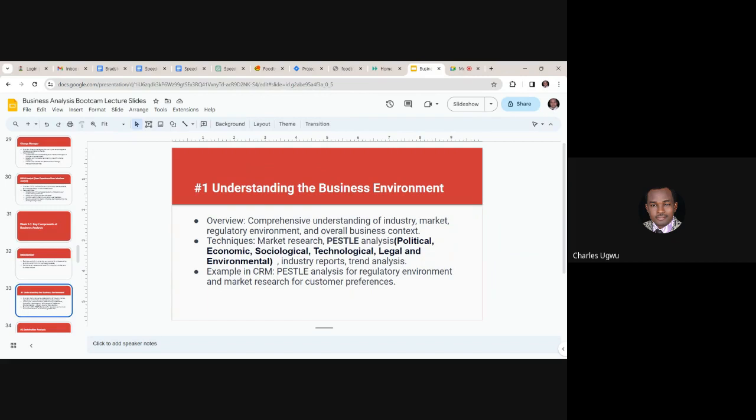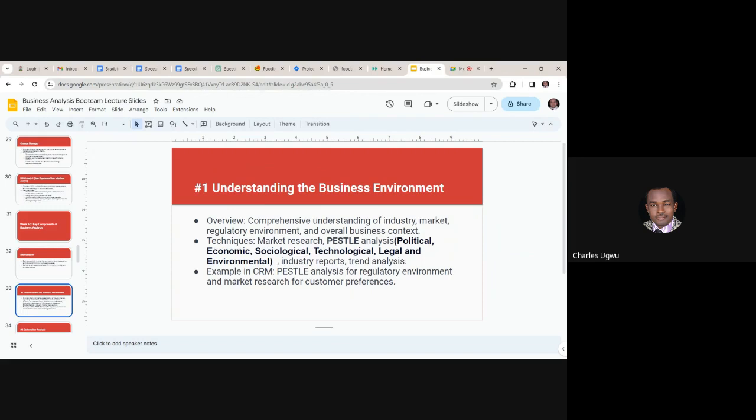When you are starting a project, there is a business environment within every organization or every project you are planning to understand. For instance, you are looking at CRM projects. You have been invited to help an organization to implement a CRM project or CRM improvement.